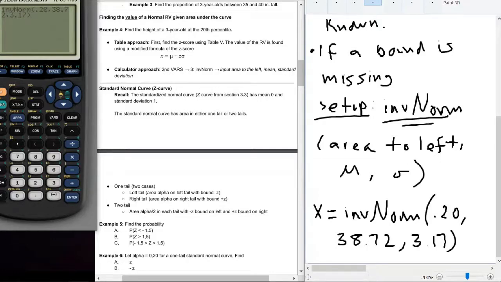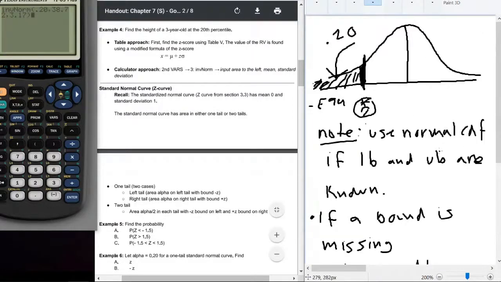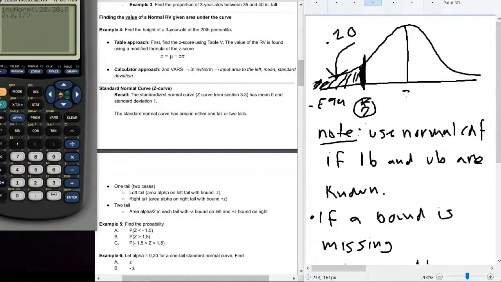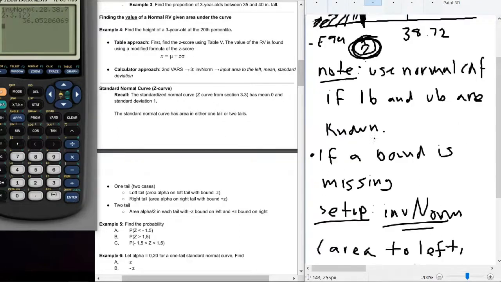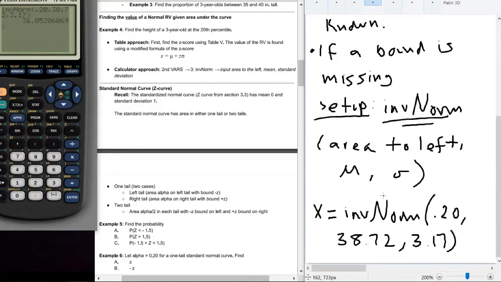So if you notice, the mean was 38.72. That means on that number line, if we're finding the missing value, it should be somewhere below that 38.72. So when you hit enter, your missing bound was 36.05. Okay, so this is 36.05.